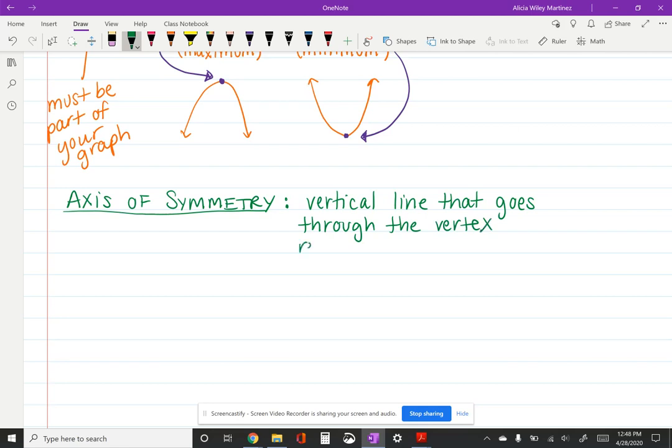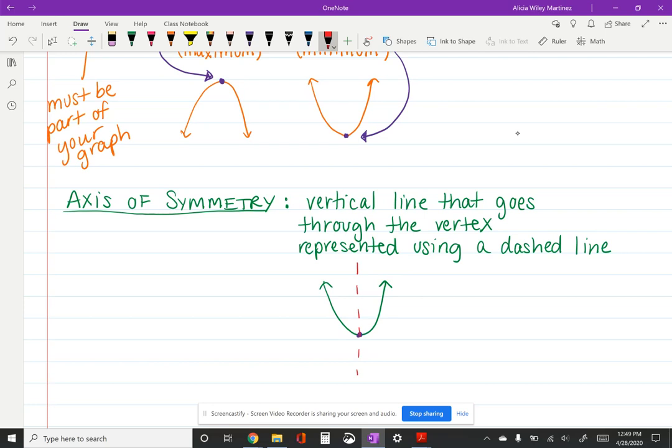And often on a graph, it's represented using a dashed line. Okay, the axis of symmetry, if we're looking at a parabola and you have a vertex, it'll look something like this.